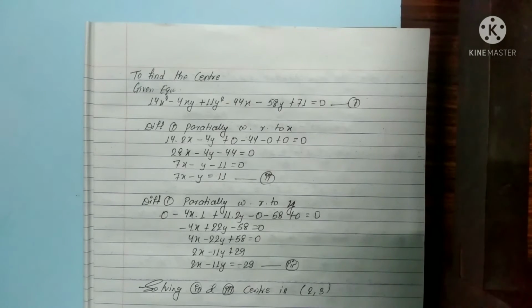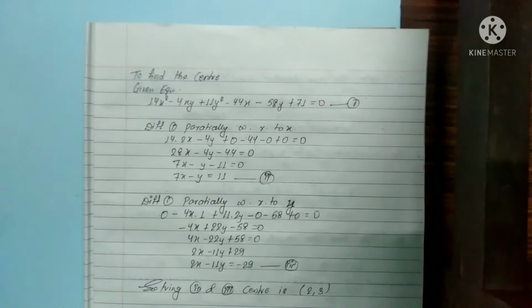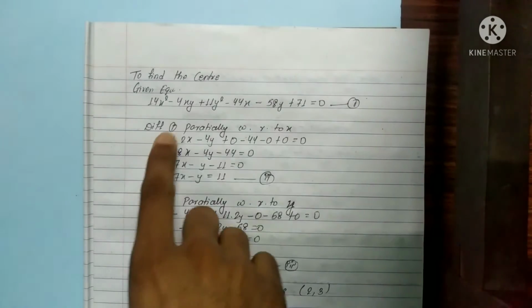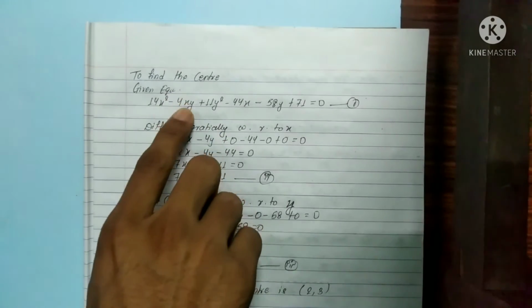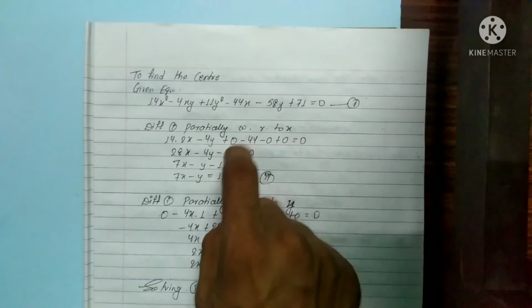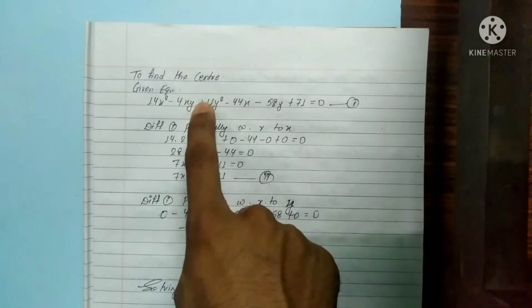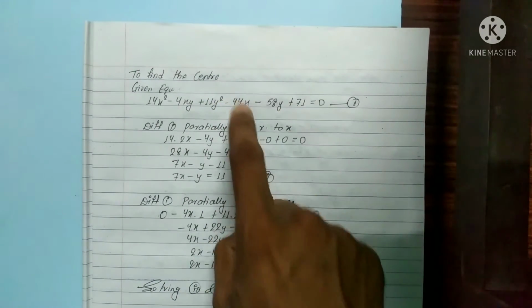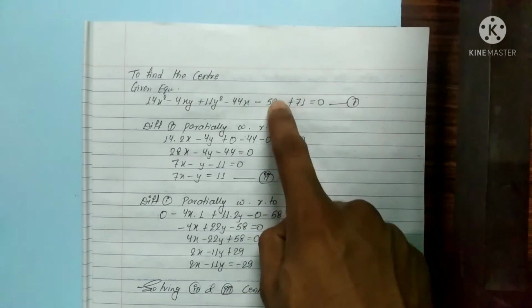Differentiate partially with respect to x, keeping y constant. The derivative of 14x squared is 28x, the derivative of minus 4xy is minus 4y, and 11y squared is constant, so its derivative is 0.